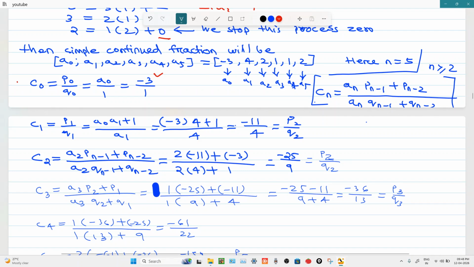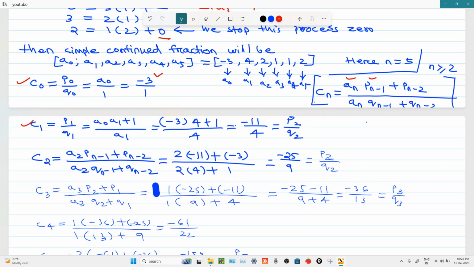You just remember these formulas, and this one: Cn equals An Pn minus 1 plus Pn minus 2 divided by An Qn minus 1 plus Qn minus 2.